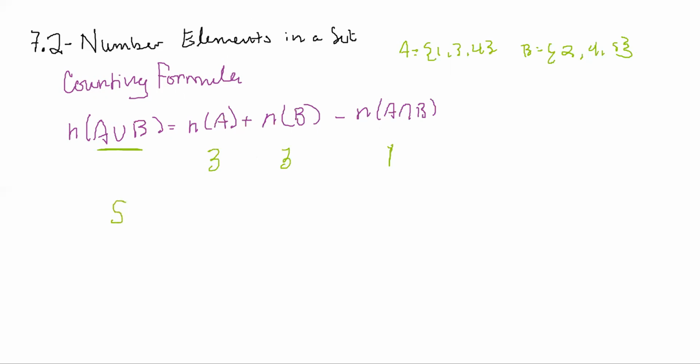So it's basically just a logic problem, and a lot of these things are like that. If it says the counting formula, it basically just means you need to know how to count. Okay.